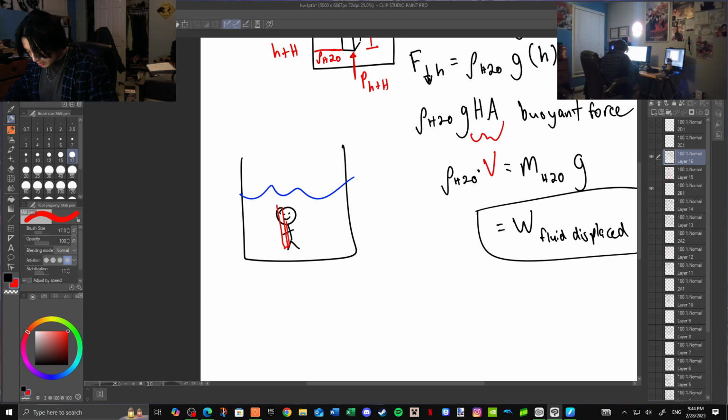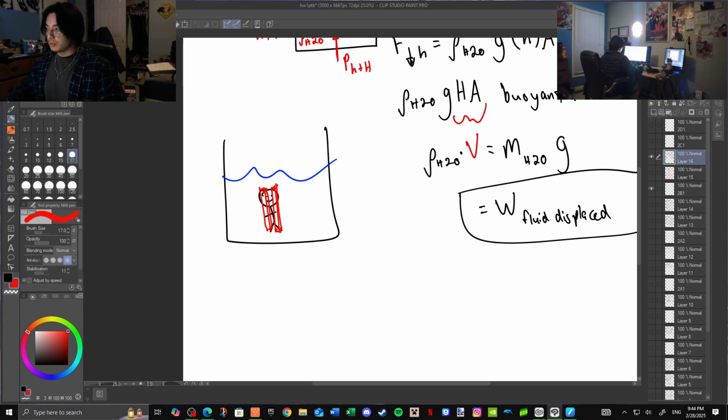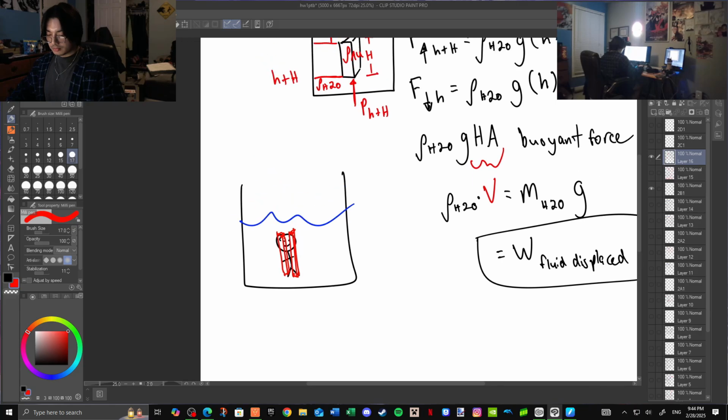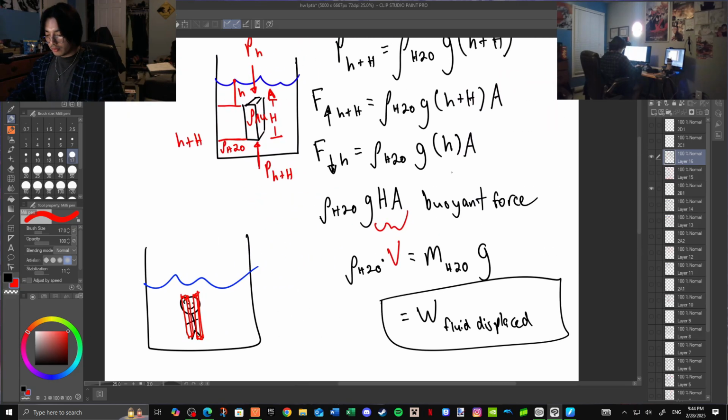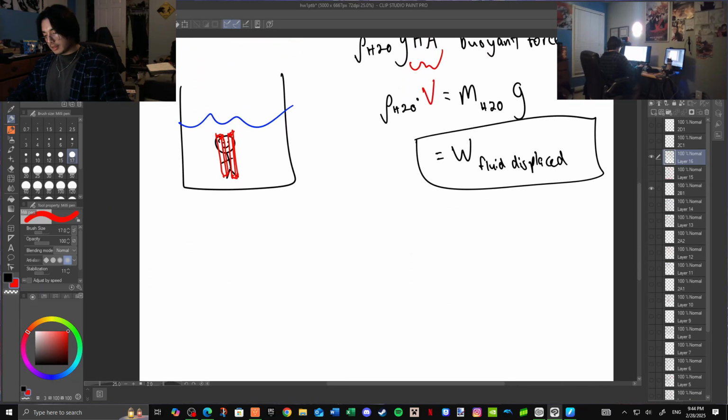So there, rectangular prism, and we just divide any object into rectangular prisms, and we find the buoyant force of each prism, and then we basically just add up all of the buoyant forces from all of the prisms we got, and we'll eventually get the buoyant force of whatever object we want.